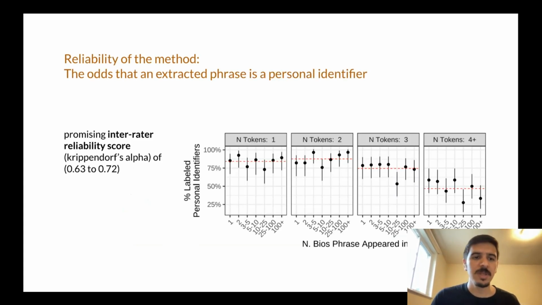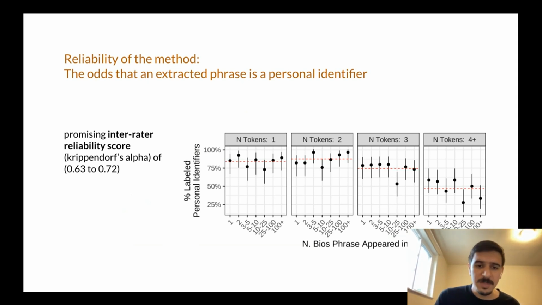First, we show that our method is reliable. To do that, the authors of this paper labeled the phrases that the algorithm extracts as being either a personal identifier or not, based on the definition that we came up with.